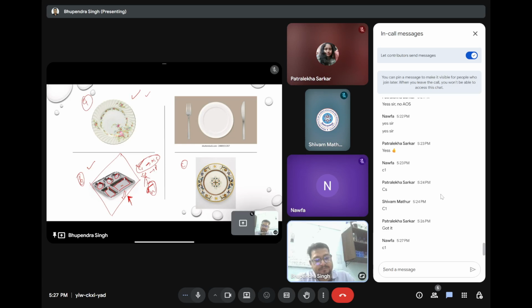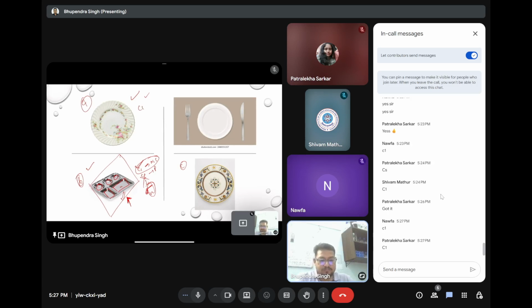C1. C1 is the correct answer. Yes, it is C1 because it is not planar.